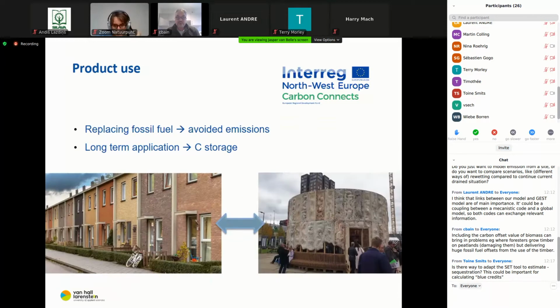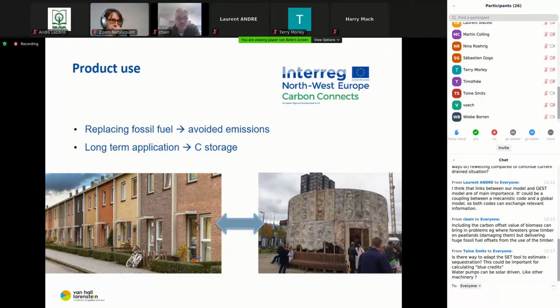Finally, the product use is taken into account as well. So, for instance, if you use the harvested product as a fuel source, you can claim CO2 reductions from this because you replace the fossil fuel use by a biomass use. But another application that is very interesting is the use in long-term applications, for instance, building materials. What you see in the picture on the left is a standard house.